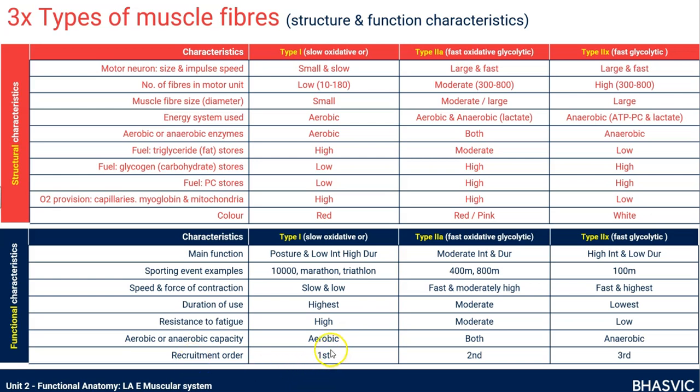So if you're working at a low intensity, you would recruit just your type 1 fibres. They're the first to be recruited. If you began to work harder, let's say you cranked up the speed on the treadmill, you would still recruit your slow twitch fibres, but you would also recruit your type 2A fibres to help out.